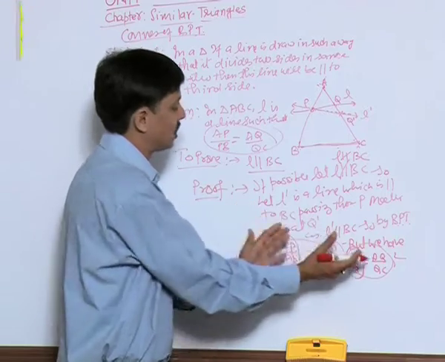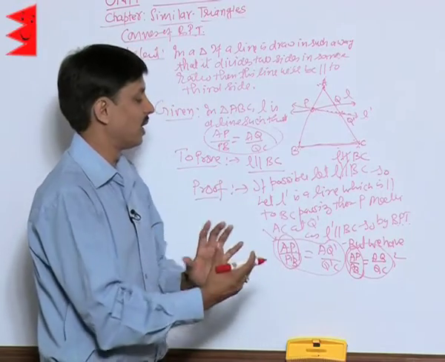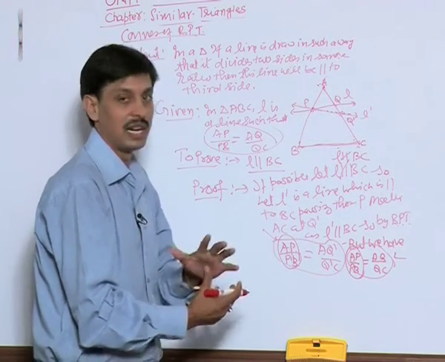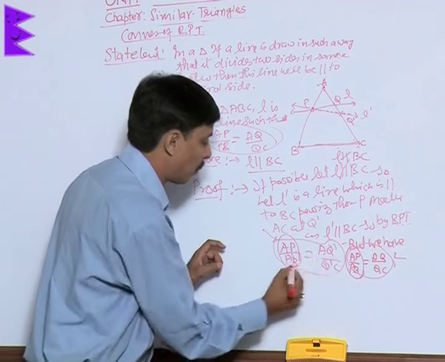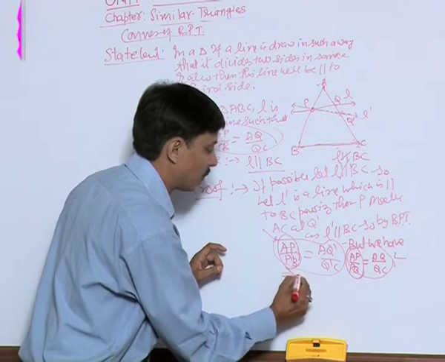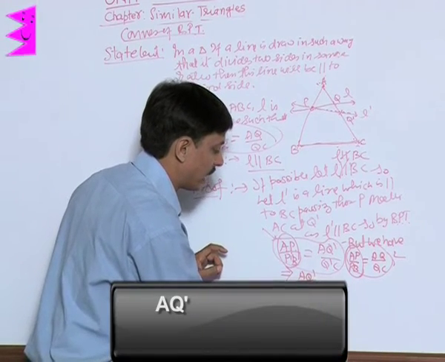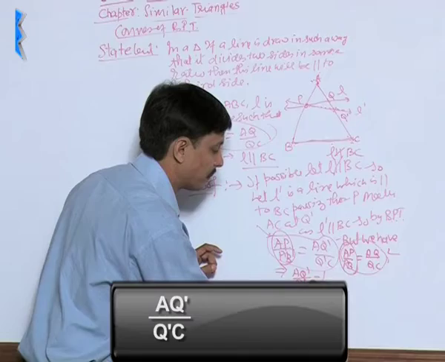If two results have the same left side, then their right-hand sides must be equal. So AQ dash upon Q dash C is equal to AQ upon QC.